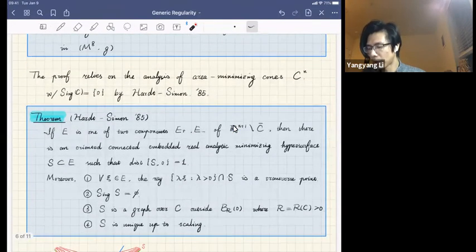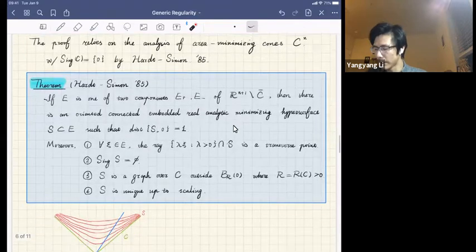Given an area minimizing cone inside Euclidean space, let's assume that E is one of the two components, E plus and E minus, of the Euclidean space removing the closure of this area minimizing cone. Then we can find an oriented, connected, embedded real analytic minimizing hypersurface S with the distance of S equal to 1.